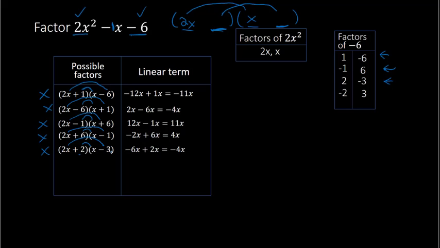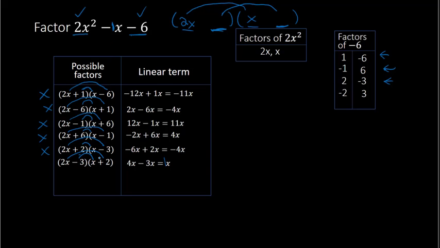Now we need to try the -3 with the 2x and see if that one works. We check the inner and outer. Negative 3 times x, and then 2x times 2 would give me 4x, and then negative 3x, which is a positive 1x. So we're close. We want a negative 1x. So we actually could just switch the signs.